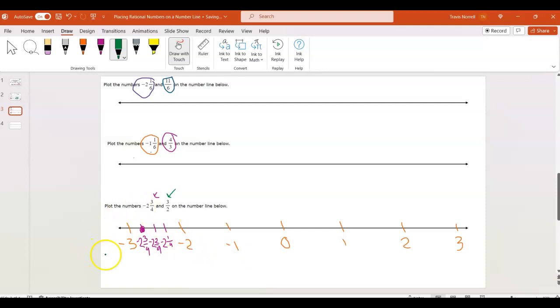Think about 1/2. 1/2 would go here. 2/2 would be 1 whole. So 3/2 would go here.